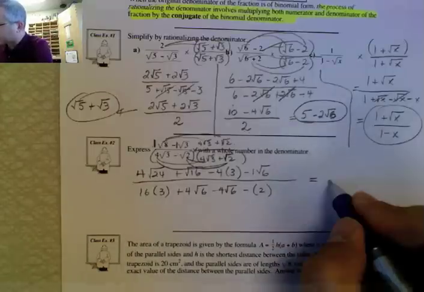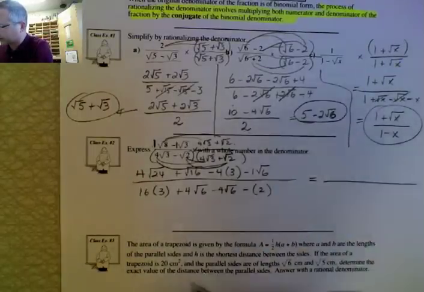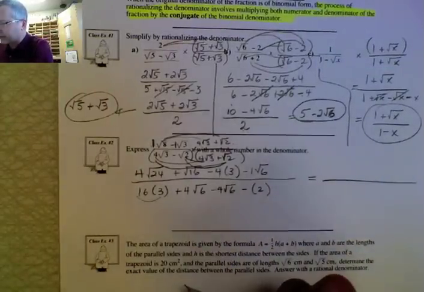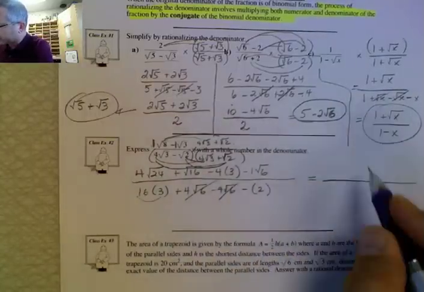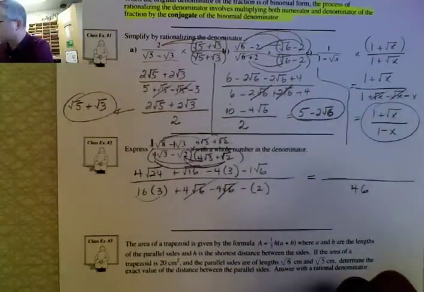So if we start simplifying, I'm going to start with the denominator here. 16 times 3 is 48. The middle terms cancel out, and 48 minus 2 is going to give me 46.